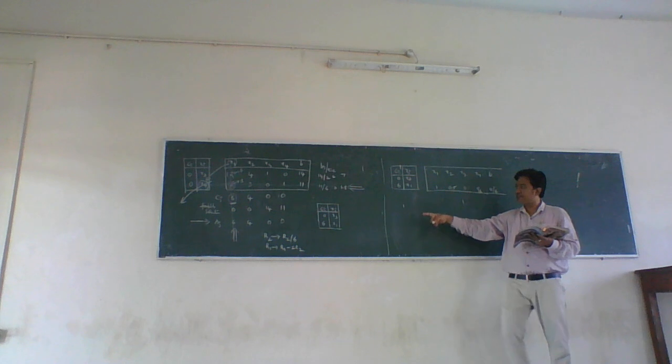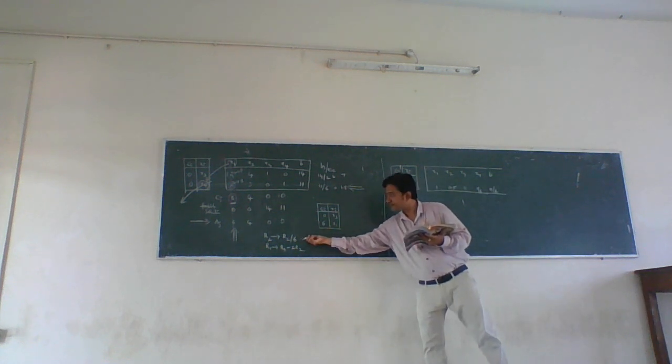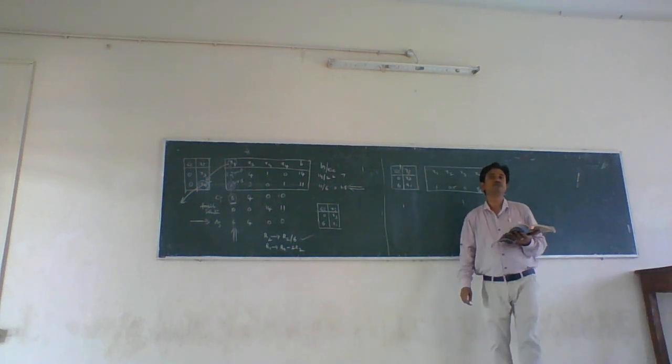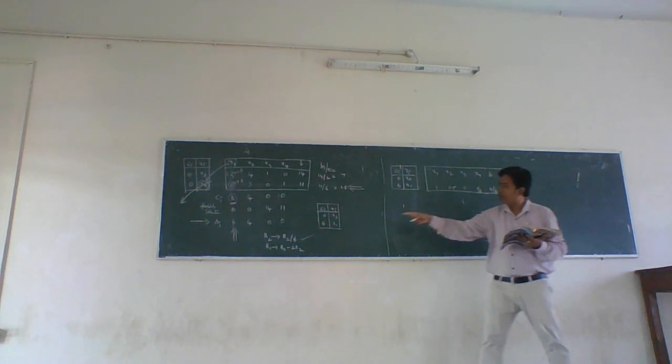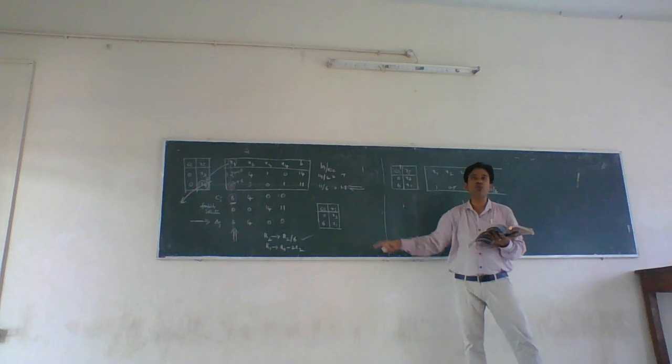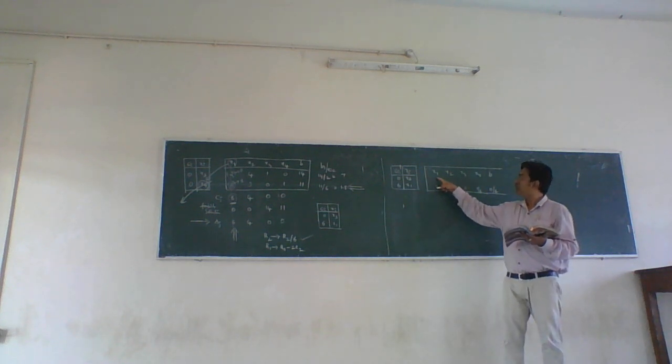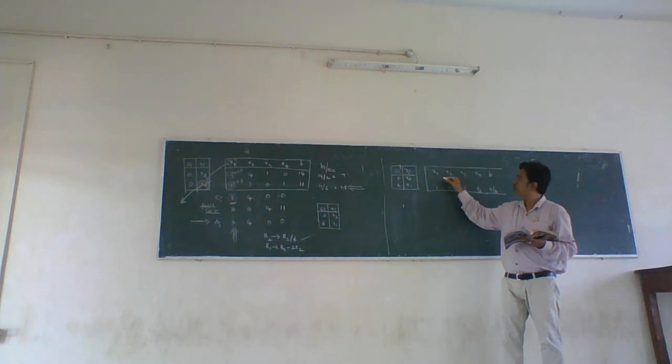Complete row 2 by 6. Is it okay? Now you tell me the values of this one. R1 goes to R1 minus 2R2. So this will be 0. Now what is this value?